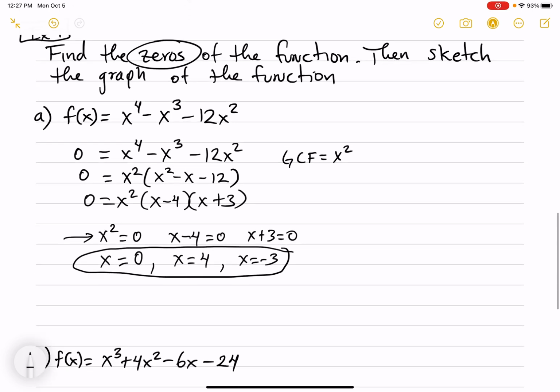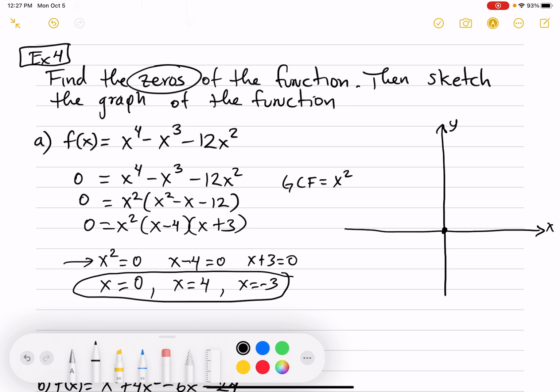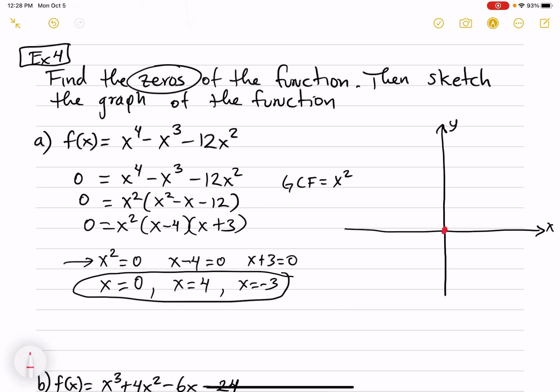Now, we are supposed to make a quick sketch of this function, but we know what the zeros are, so we can start by plotting those zeros. We should be doing this with a ruler. So this function is going to pass through 0, 0, 0, positive 4, and negative 3.